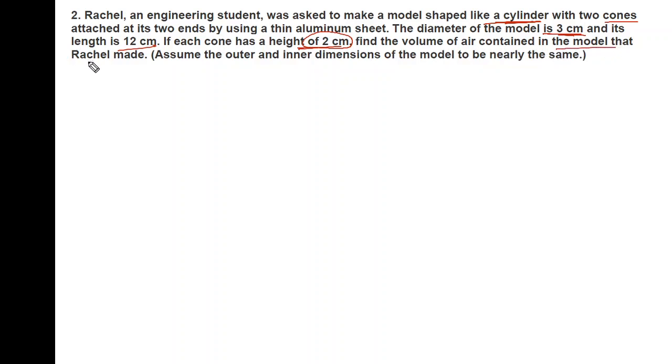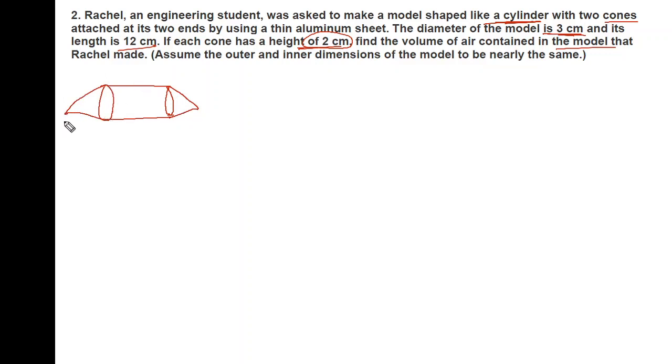That means we have to find the total volume of the model. So here the figure will be like this: a cylinder, okay, and two cones on each end like this. Now what do we have?